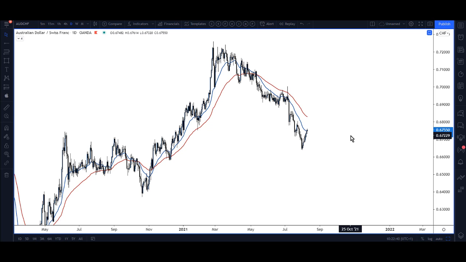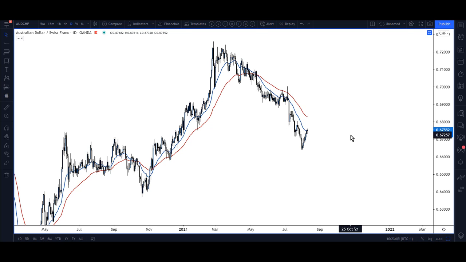If you look at the news and the fundamentals, it's not a great time for Australia at the moment, with things to do with COVID, lots of people not vaccinated by choice, and it's causing all kinds of problems over in Australia. So a weak Australian dollar actually makes sense to me fundamentally, but it's generally weak anyway.